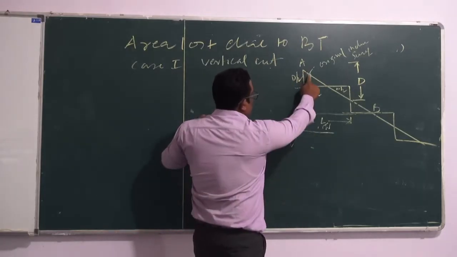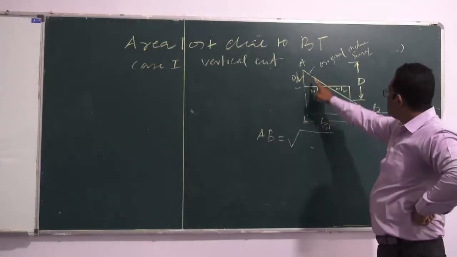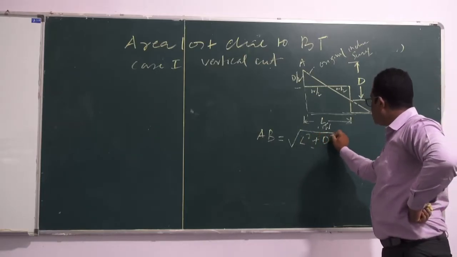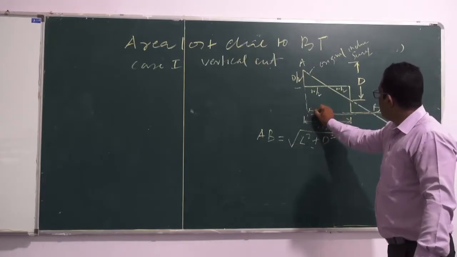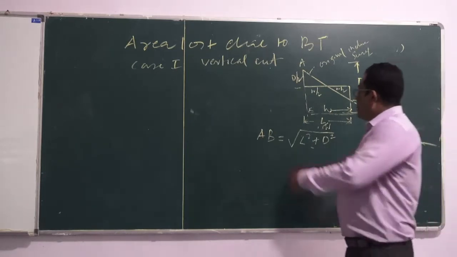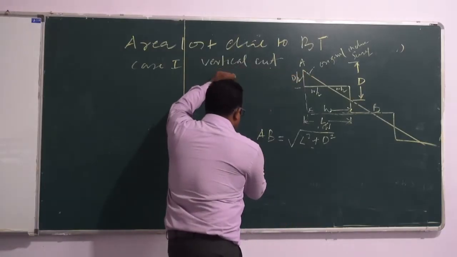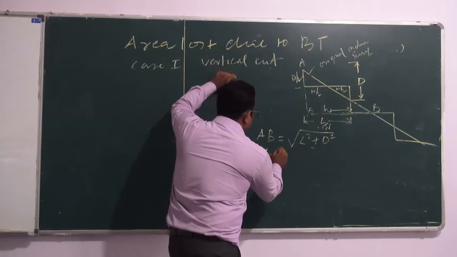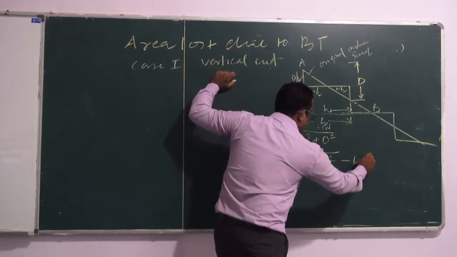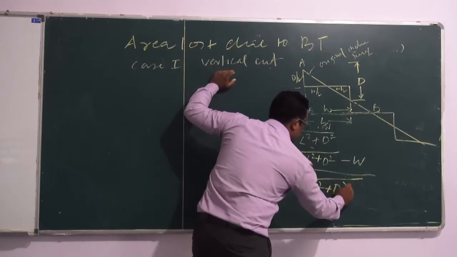under root. So this is the Pythagoras theorem. This side is the longest side we have to find, it would be under root L square plus D square. And this is your terrace width, right? So in terms of this original inclined surface, the area lost will be under root L square plus D square minus W by under root L square plus D square.